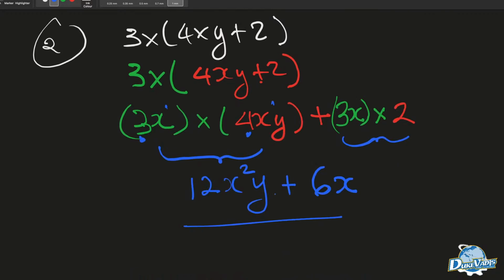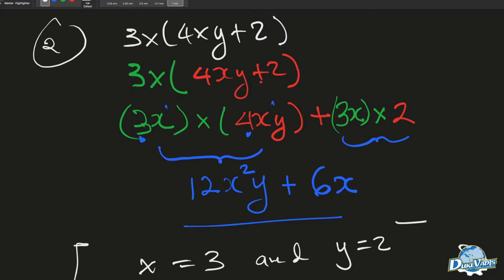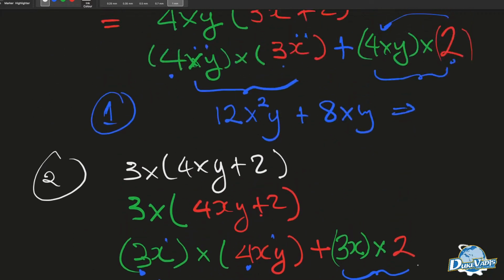Then the next one says substitute x is equal to 3 and y equals to 2. So what we are going to do is put these values in the result we have in our first equation, and also the result we have in our second equation. Okay, so now let's go up there and see.